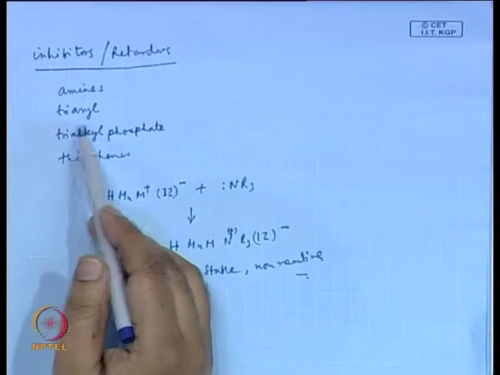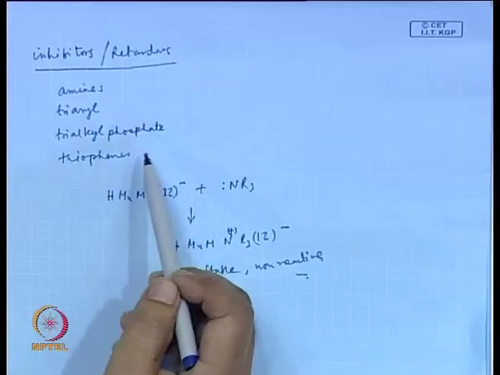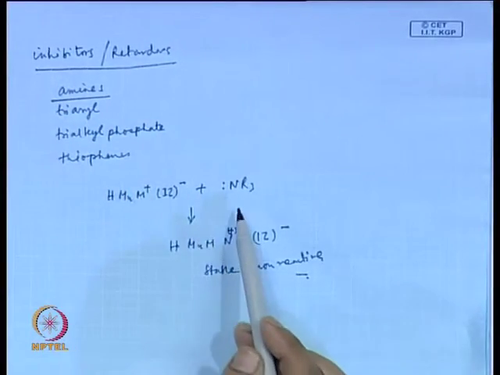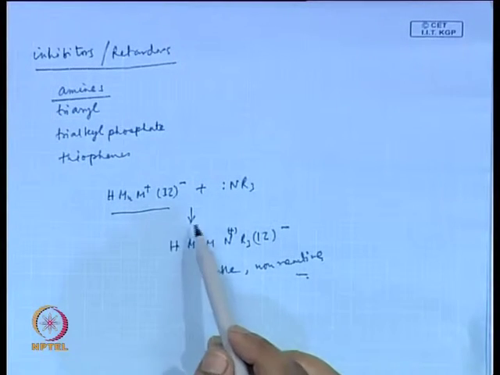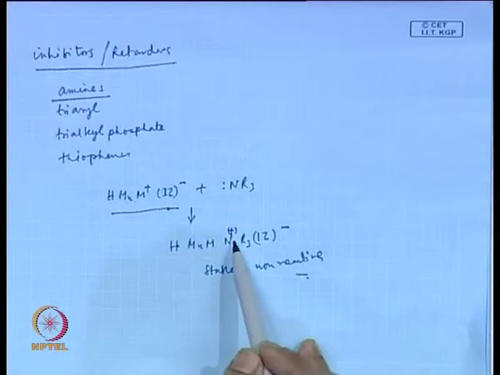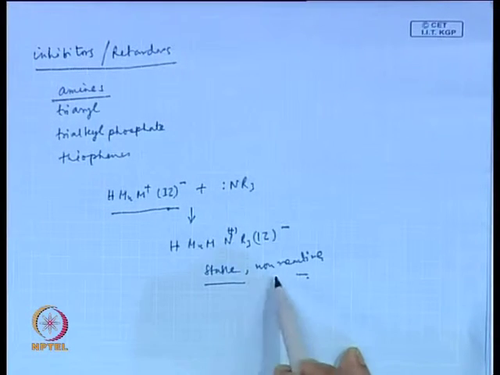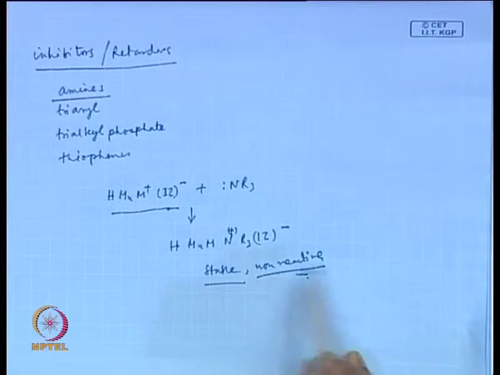For examples, amines or triaryl or trialkyl phosphates or thiophenes, they can act as an inhibitor. For example, if you take a specific example of amines, they can react with this propagating species and form a cation complex; in this case this cationic species is very stable and non-reactive towards the monomer.